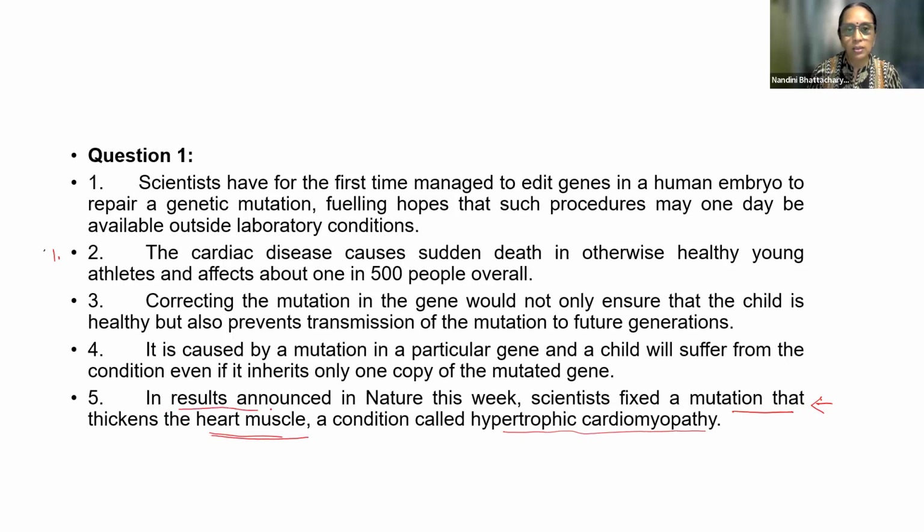In results announced in Nature this week, scientists fixed a mutation that thickens the heart muscle. Can that be an introductory sentence? Okay, so what did you do first? Did you read all of them?